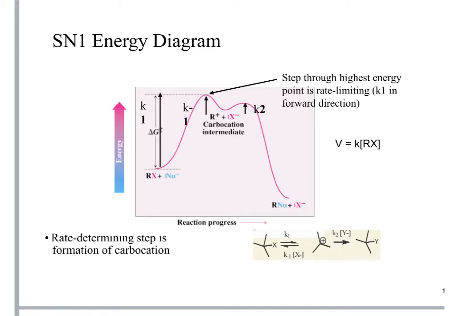So the rate determining step is departure of the leaving group and formation of the carbocation. And to reach this transition state, transition state 1, that's the activation energy that we need.